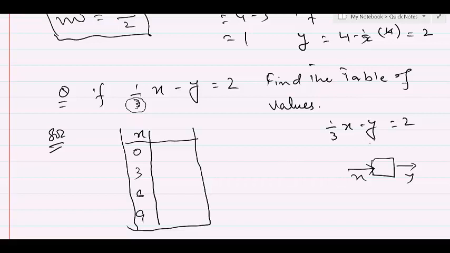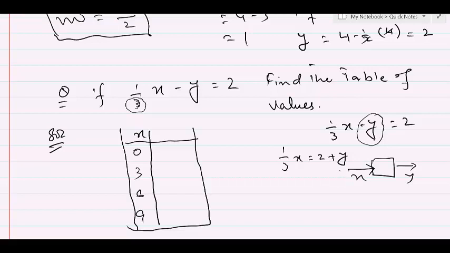But because minus y is a negative term on this side, if we take this term to the other side, it will become plus y. So let's do 1 by 3 x equal to 2 plus y.